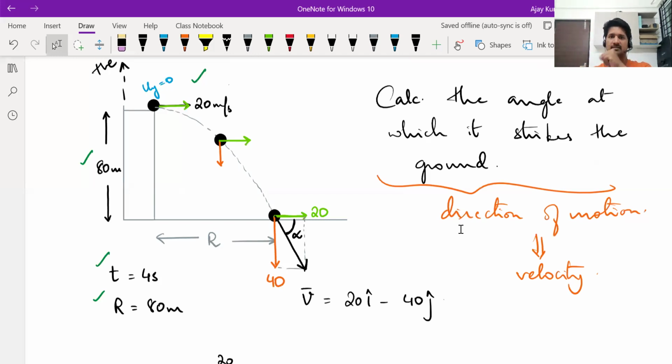Then its acceleration gets disturbed. We can't tell what will happen to it after striking the ground, as of now. Later on, in a concept called collisions, you will learn a few more things, and if you are given some extra information, you will be able to tell what happens after striking the ground also. But as of now, we cannot.